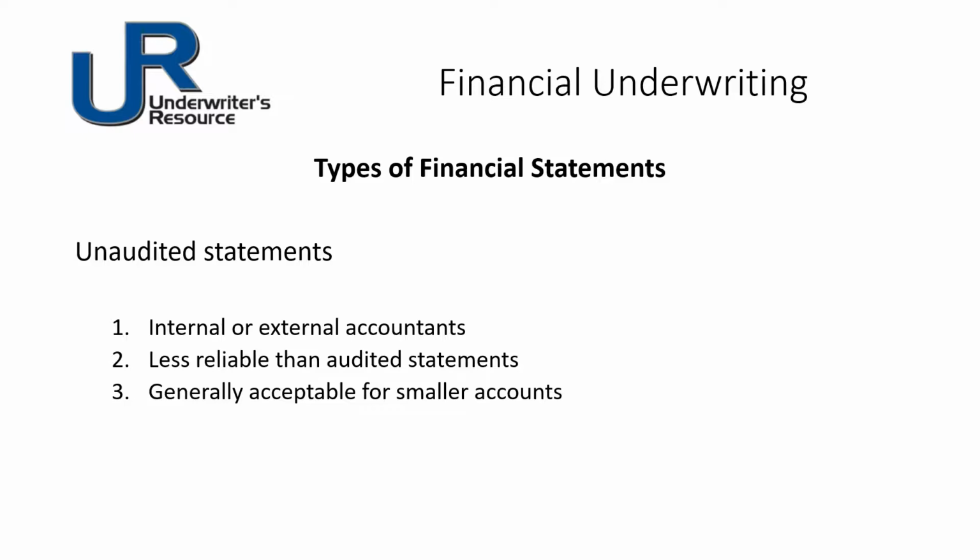That being the case, they are less reliable than audited financial statements, but in a lot of cases they are generally acceptable, particularly for medium and smaller accounts, and depending on whether you're using it just to get an idea of how well the account manages their business and things of that nature.